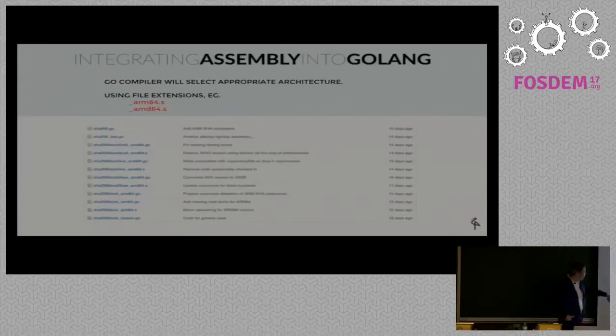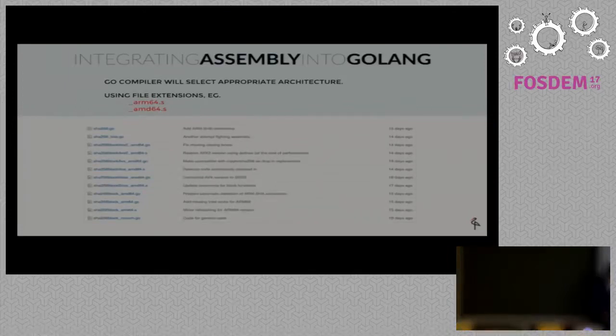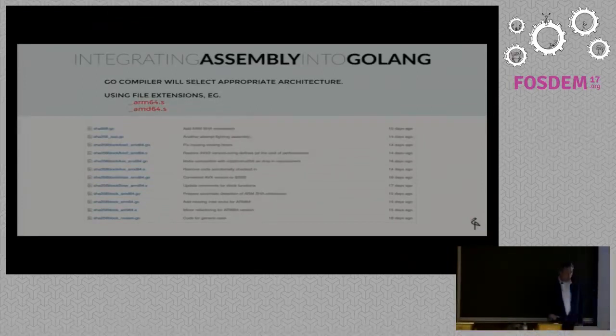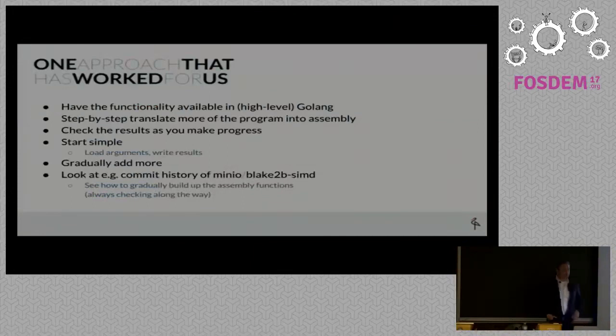Here is a snapshot of a repository. It's a little hard to read, but you can see several versions for the AMD64 platform, because in this repository we have a dedicated AVX2, AVX, and an SSE version, and then there is an ARM version. I'll talk a little more about AVX2 and AVX later in the presentation.